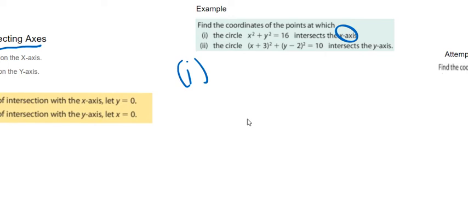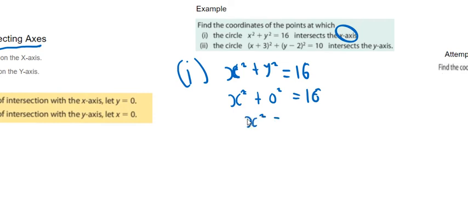So I'm going to let y equal 0 in that equation. x squared plus y squared equals 16, with y equal to 0: x squared plus 0 squared equals 16. 0 squared is just 0, so I get x squared equals 16. Then I need to find the square root of 16. So x equals the square root of 16.